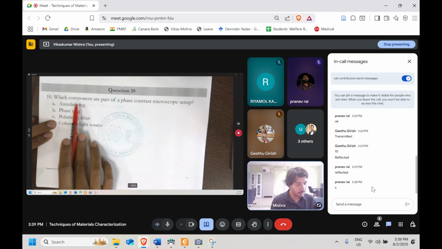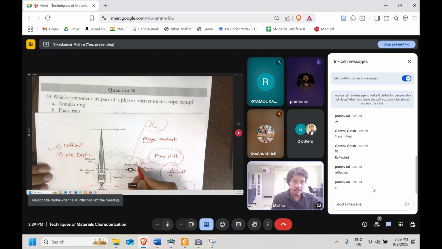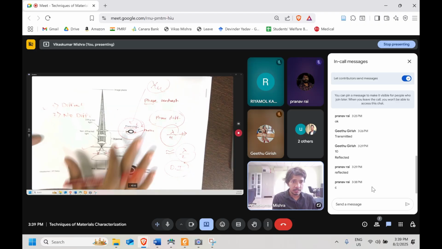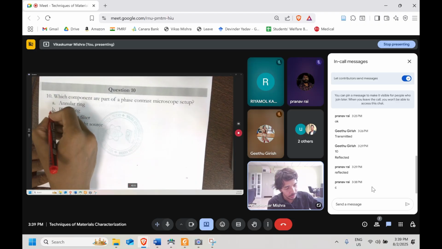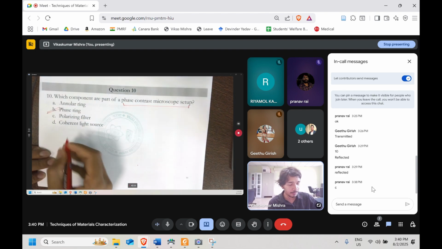What do you think? This phase plate is also known as the phase ring. So in this entire setup, we can say that the phase ring is a part of the phase contrast microscopy setup. So option B is the right one.